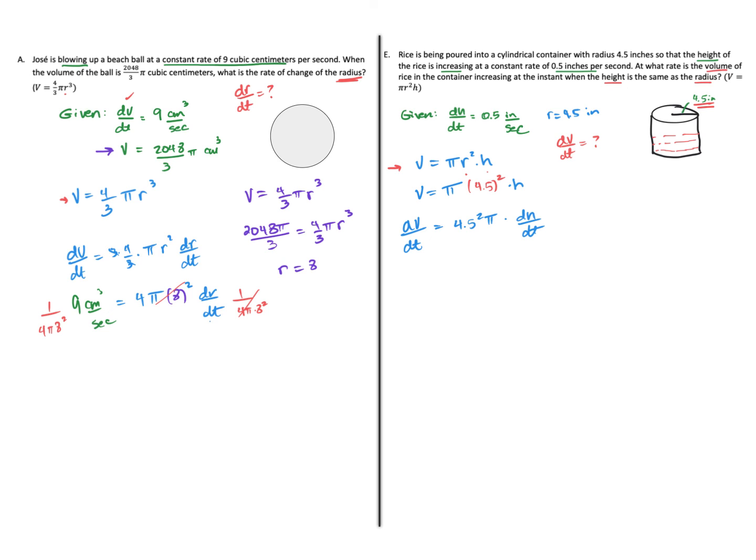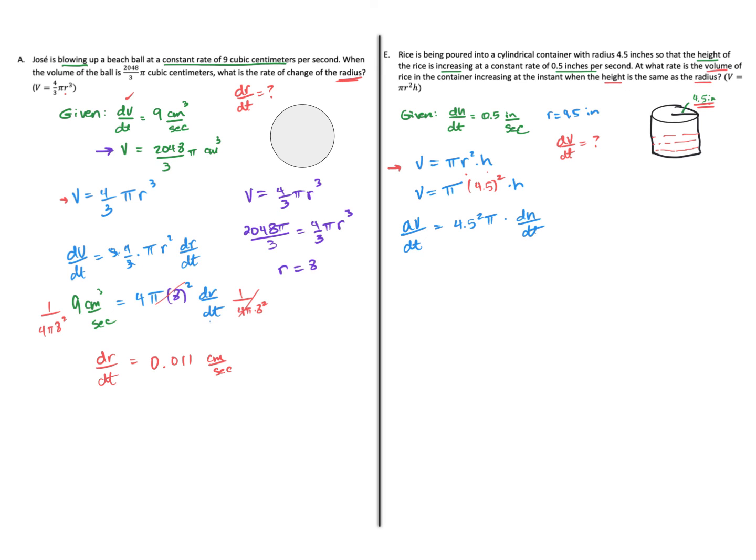So when we plug that into our calculator, dr over dt is going to equal 0.011, and this is in centimeters per second because radius is a linear measure, so it is in centimeters.